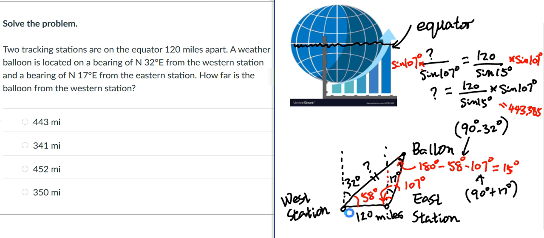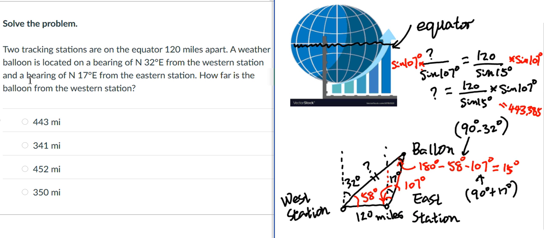That's if here is the station, that's above, because above is the north, below is the south. And then 32 degrees east, east from the western station. And here is the western station. Left is west, right is east.